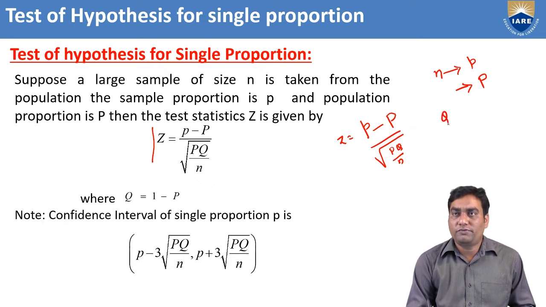We don't know the value of capital Q; we can calculate it by using the formula Q equal to 1 minus P.